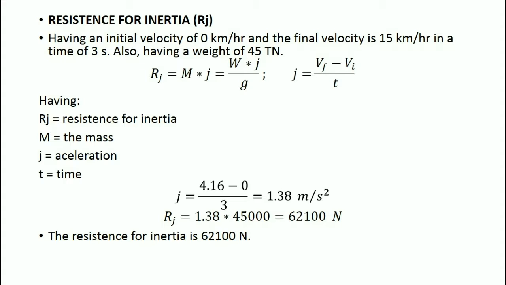So, resistance for inertia is equal to the mass times acceleration, and the acceleration is equal to the final velocity minus initial velocity divided by time. Having the mass and acceleration, you can calculate the resistance for inertia, that is 62,100 newtons.